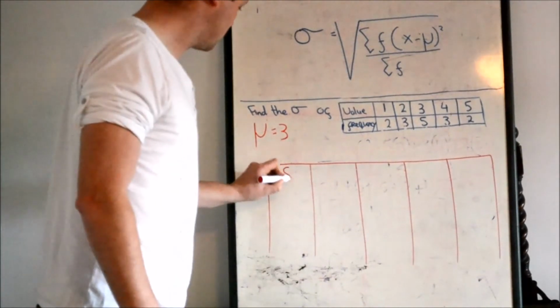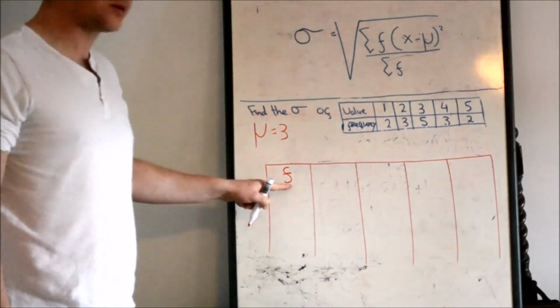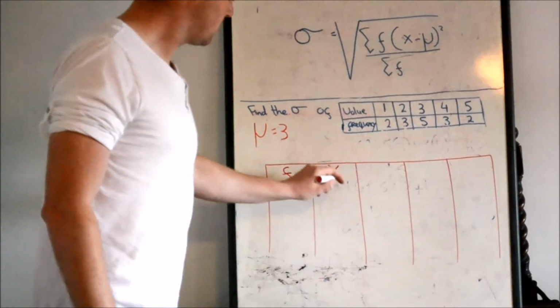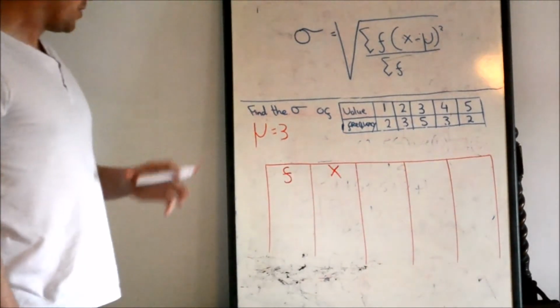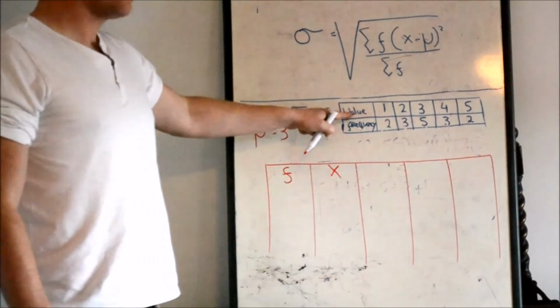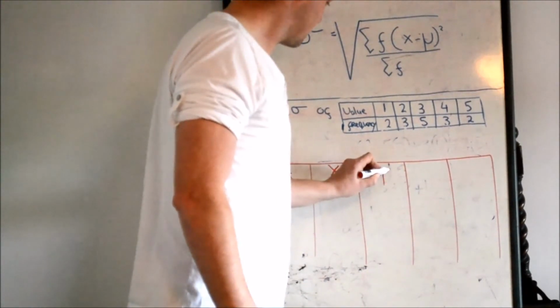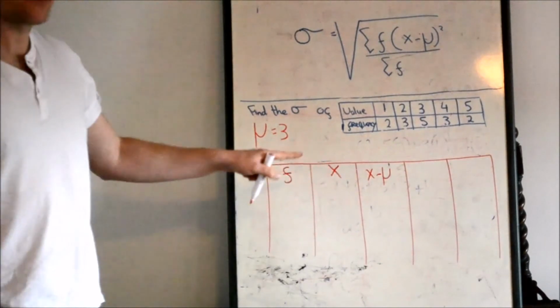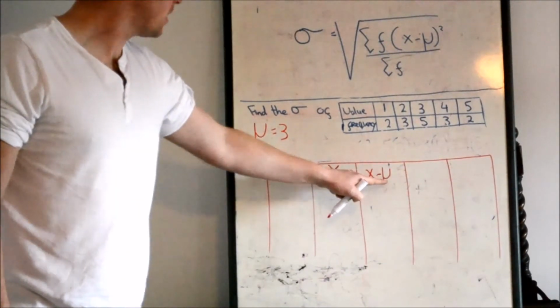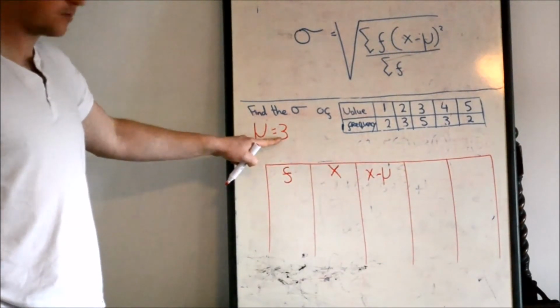So here we go. F, which stands for the frequency. X, which stands for the value. We've seen this before. The value minus the mean.